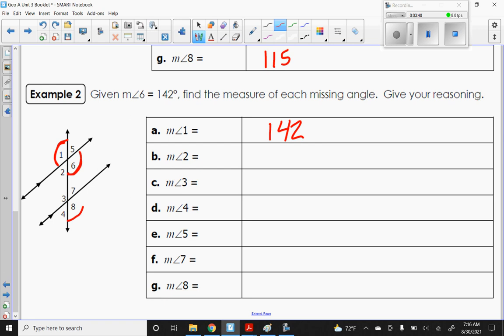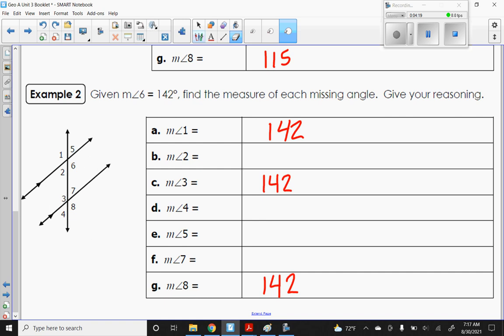Angle 8 is corresponding to angle 6, bottom right position of a different intersection. They are congruent. They have the same measure. Angle 3 is vertical to 8 and also corresponding to angle 1. All those angles in red are obtuse and congruent. I hope you recognize the angles as obtuse and acute.